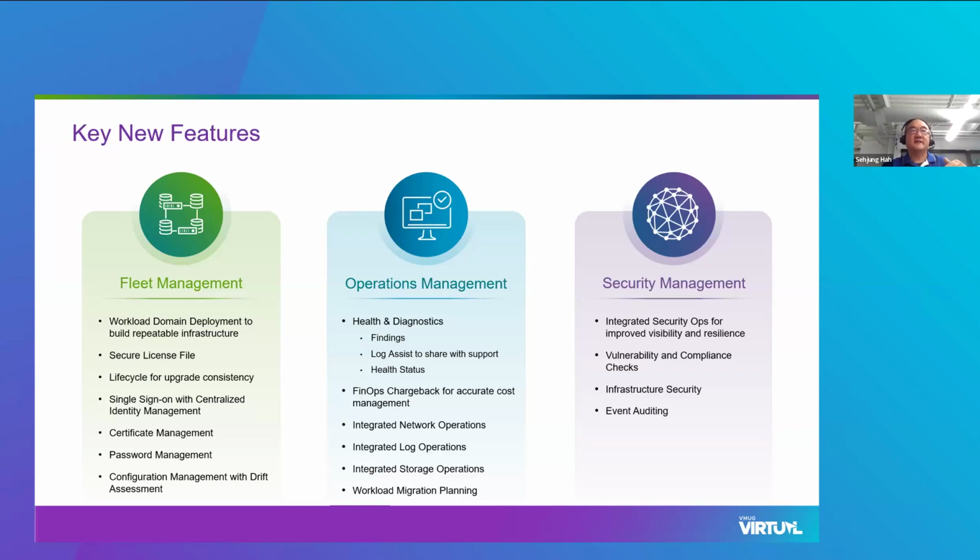So in terms of consistency and scale, you want to be able to easily do that. And then also in terms of licensing. So one key thing in VCF 9.0 licensing, we have a license file rather than having separate license keys that have to go into every component. Now it's just one license file, which is with the Broadcom support portal, as well as VCF operations, which makes it a lot easier as you deploy.